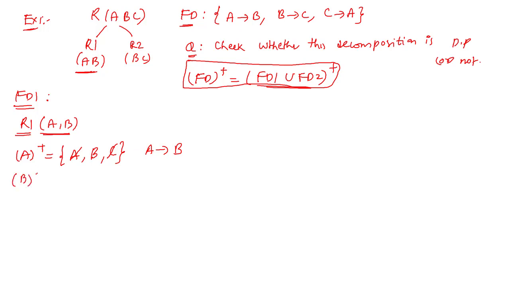Then calculate the closure of B. B can determine itself, B can determine C, and again C can determine A. In this closure, B is trivial, so I can remove it, and C is not a part of this relation, so I can remove it.